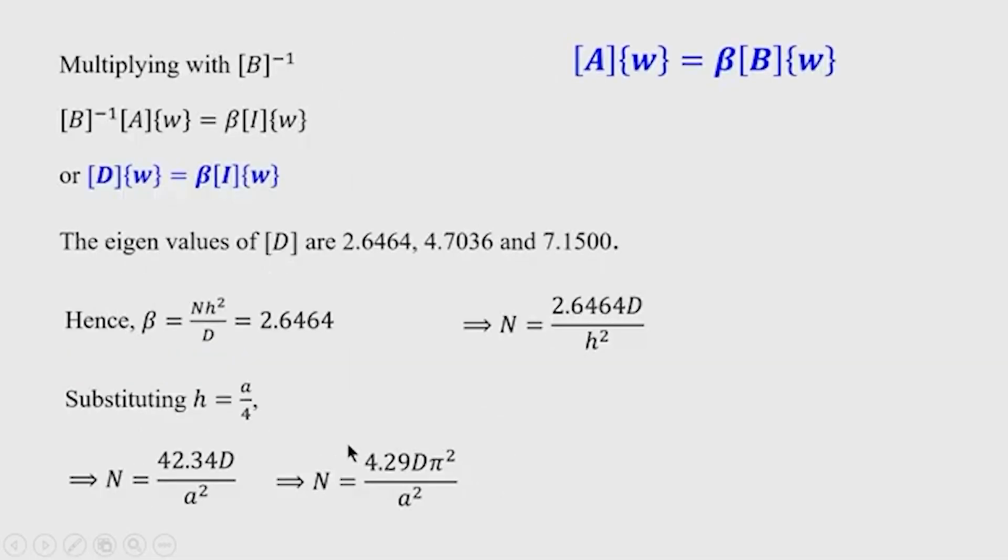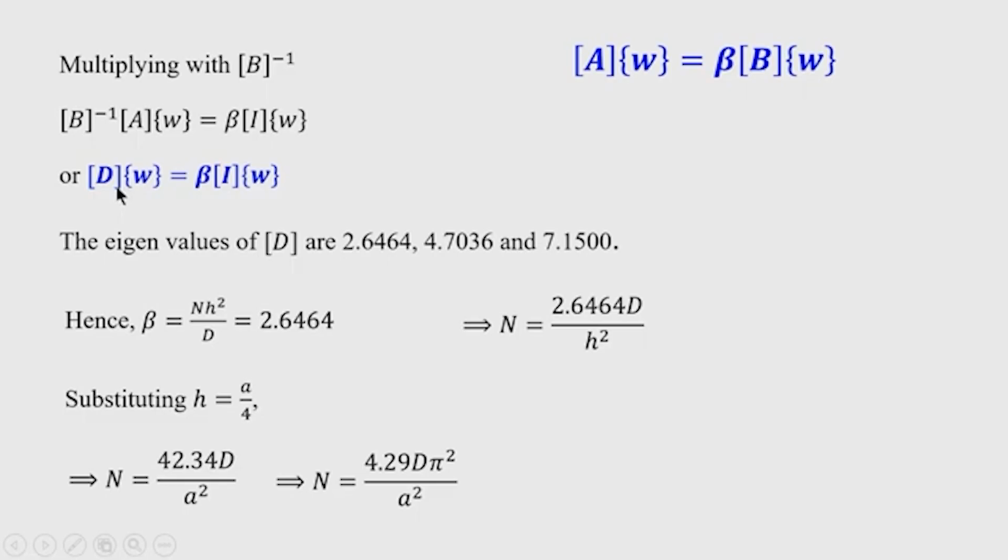So, you can see, if I multiply this equation by B inverse, we can find an equation like that. If I multiply this equation by B inverse, then we can find this equation as a standard eigenvalue equation.